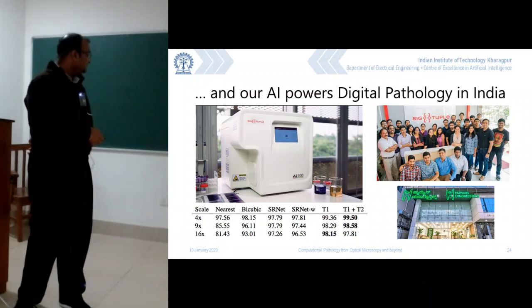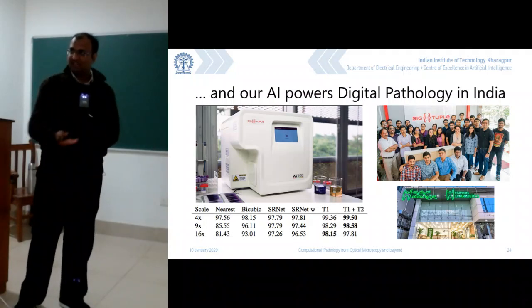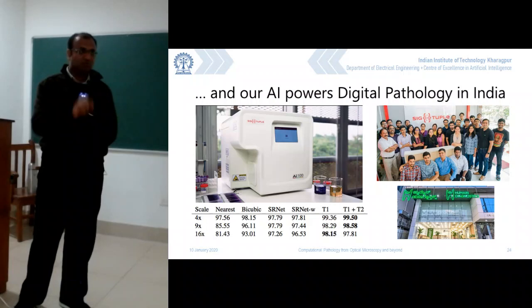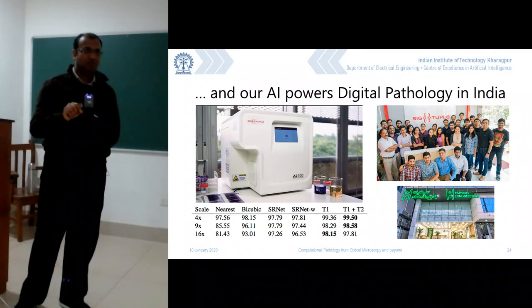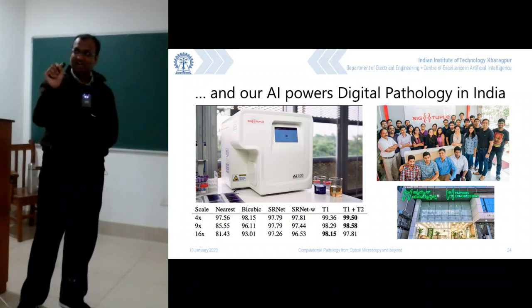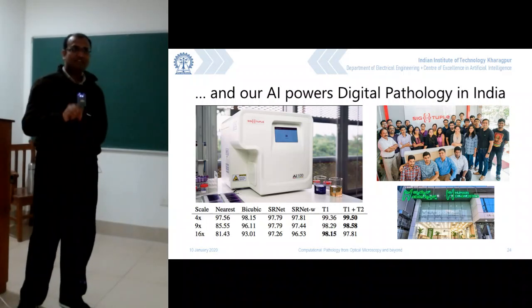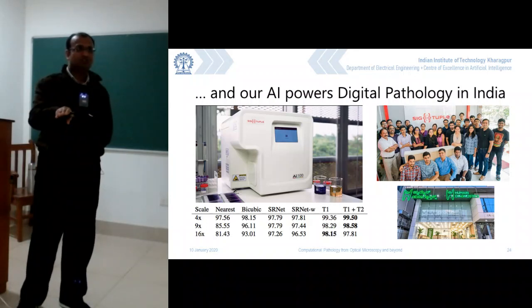Now what this number essentially means is that if you run the original 40x slide through that AI interpreter, it will count some number of particular cells and everything. It will detect some pathological markers. Now the number of detections it had through an AI engine on the 40x, how many of them actually matched when we detected through our super resolved version?